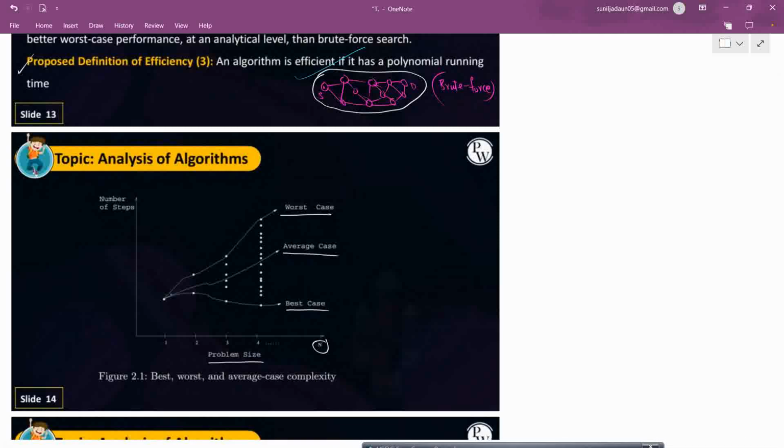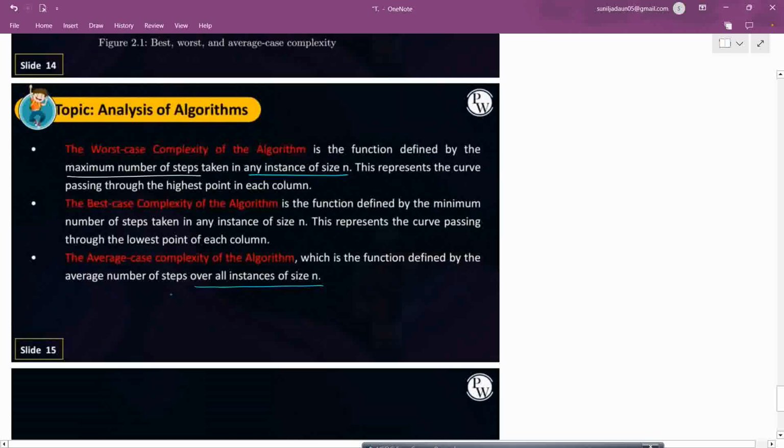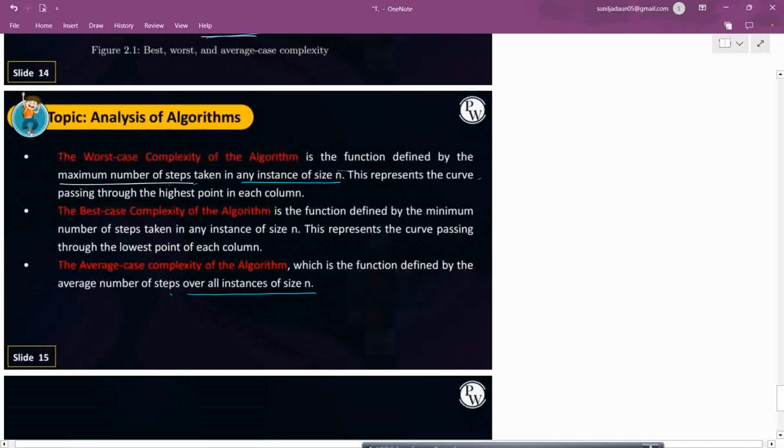Best case, worst case, average case. Average case is this, worst case is this. Problem size, number of steps. The worst case of an algorithm is the function defined by the maximum number of steps taken in any instance of size n.